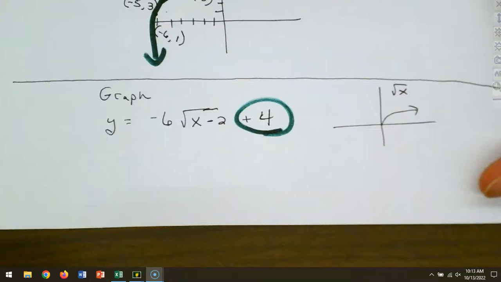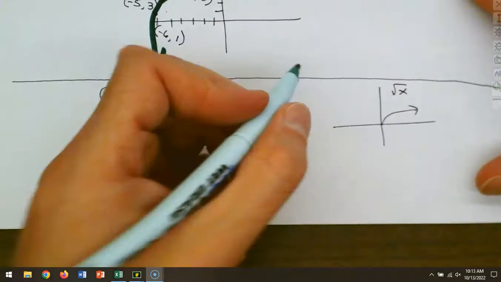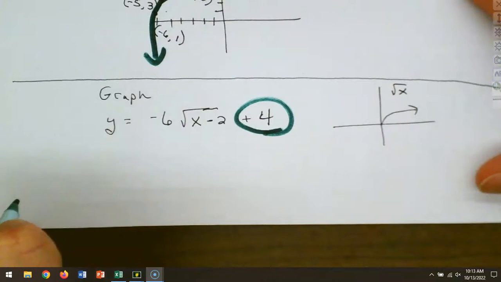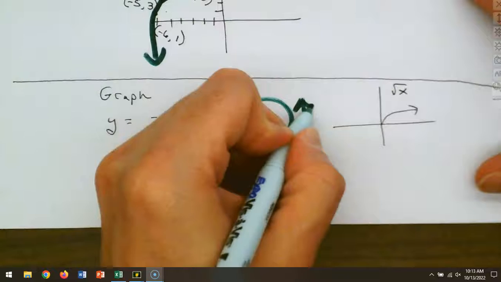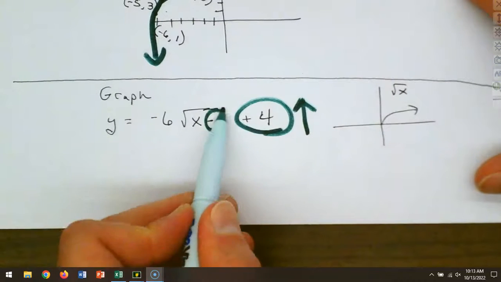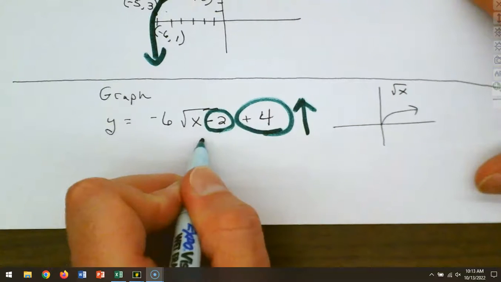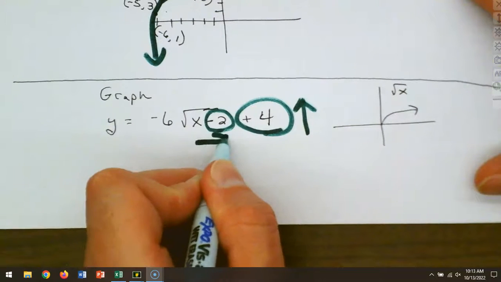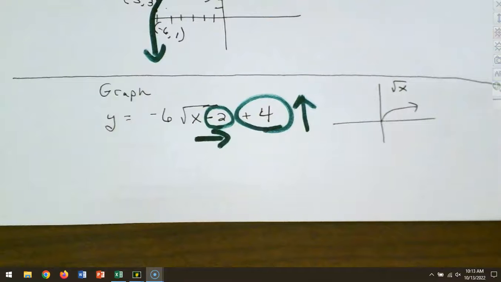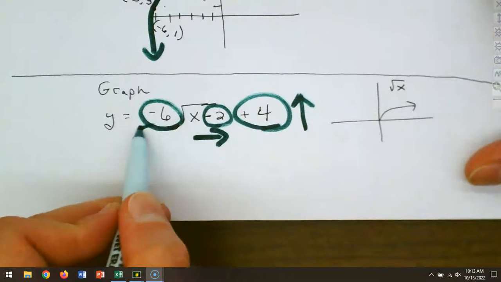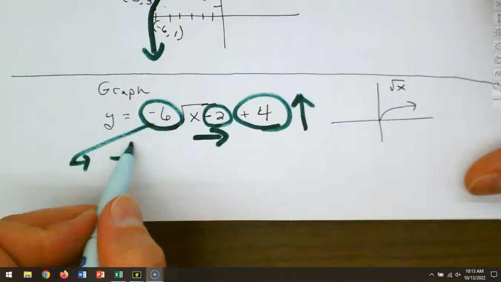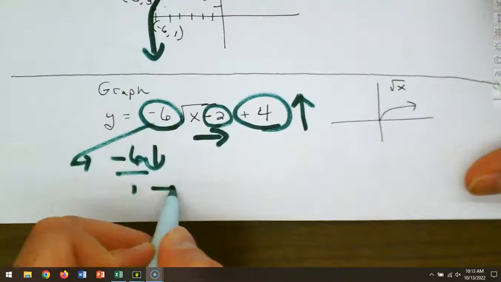So the positive 4, what is that going to do? That is located where? On the end, so that's going to move it up 4. And this negative 2, what happens with it? It's negative 2, opposite of what you think it's going to do, so it's going to move it forward to the right. And what's out in front of it all? Minus 6 over 1.